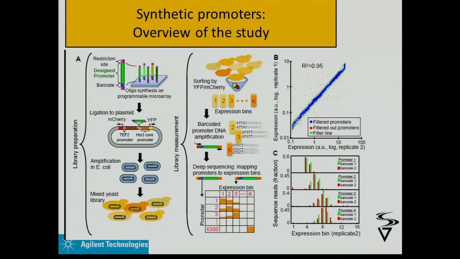This guy had many reads in the low yellow fluorescence and no reads in the high yellow fluorescence, while this guy had no reads in the low yellow fluorescence and many of its reads in the high yellow fluorescence. So I get a profile for each one of the variants. Okay. From that profile, I can now infer a relationship between the variant and the efficiency of transcription, or the efficiency by which that variant drives the YFP, which is what I was interested in.